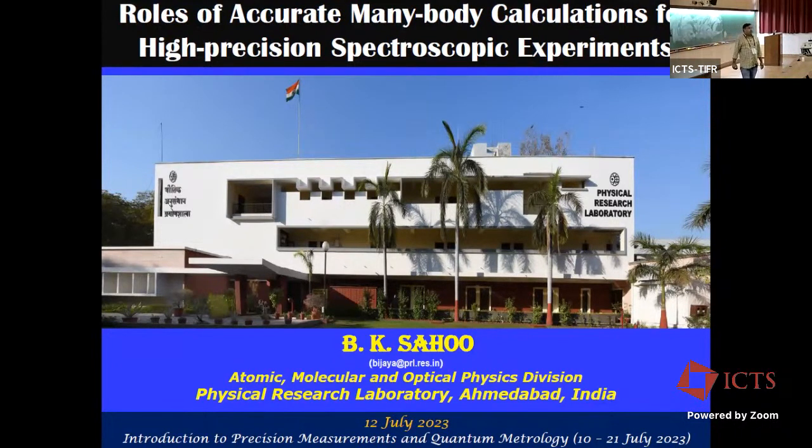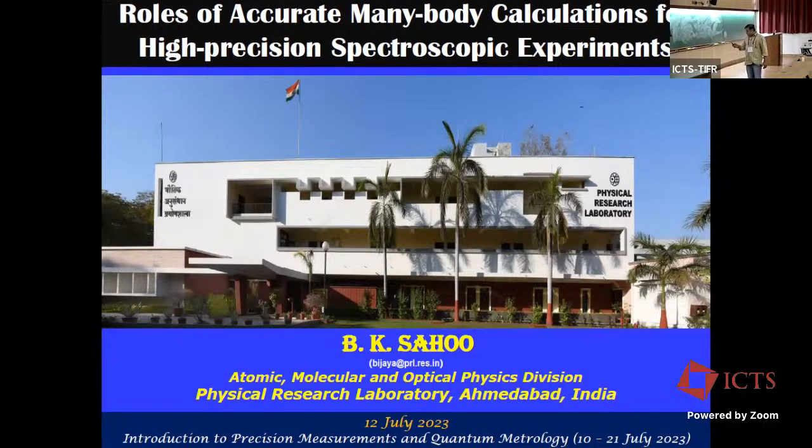And the second thing is, if you see, most of the spectroscopy talks were on experiments. So I'll try to motivate you that even theoretical studies on spectroscopy are very important, and as we go on, we'll see how they are important.